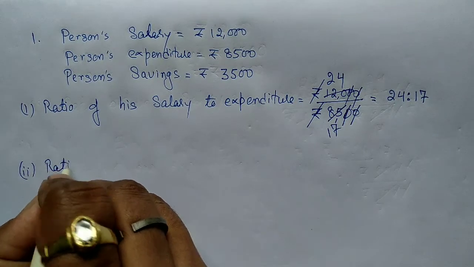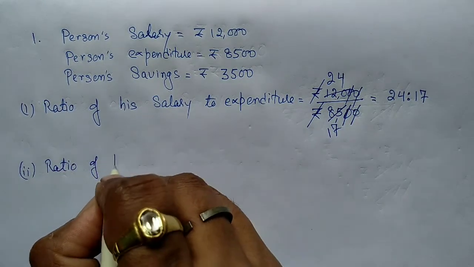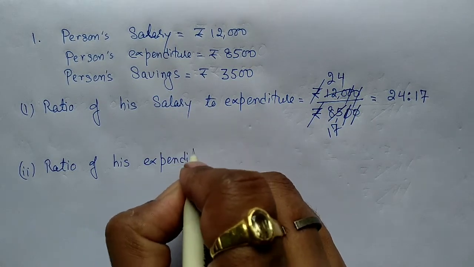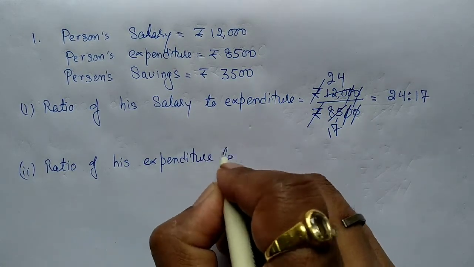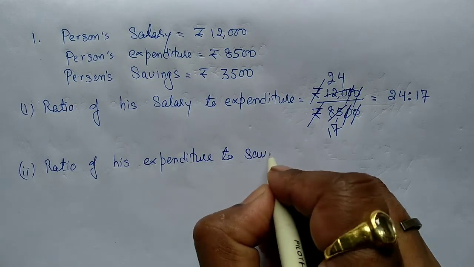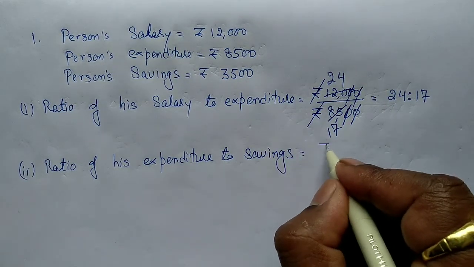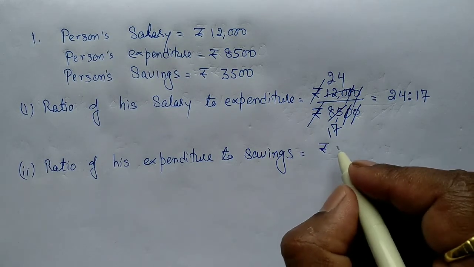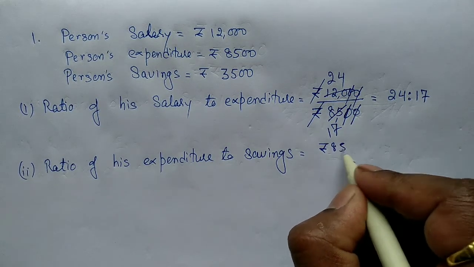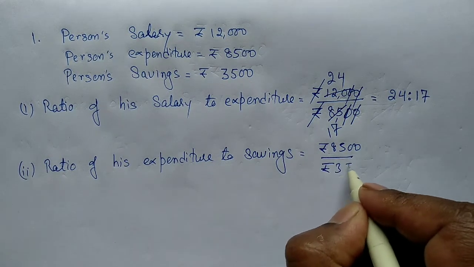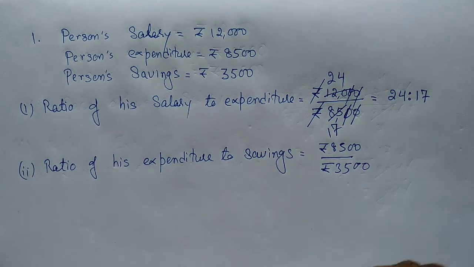Ratio of his expenditure to savings, right? So now you know you need to write the numerator as 8,500 because that is the expenditure first, and then rupees 3,500 which is the savings.